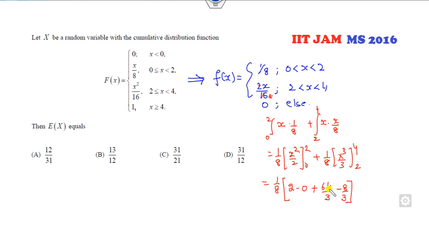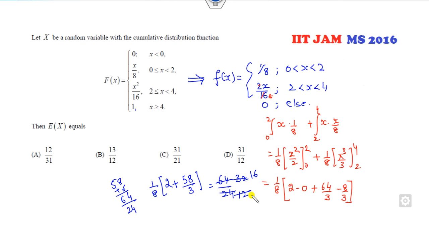So can you solve this? 1 over 8 is outside. 2 plus what is that? It's 58 divided by 3. So 58 plus 6. Fine. So 64 divided by 24. So can you cancel out? 64 over 24, I can divide by 2. It's 32. Again I can divide by 2. It's 16 over 6.